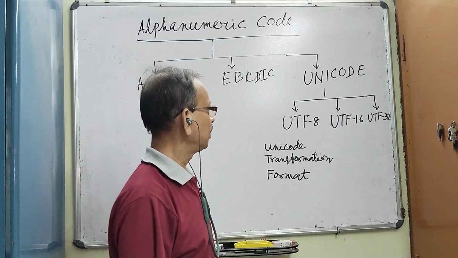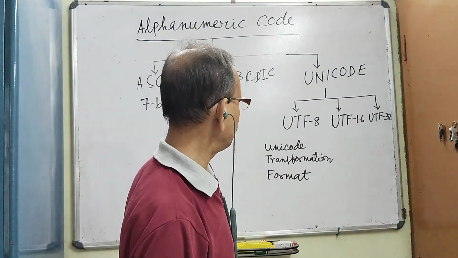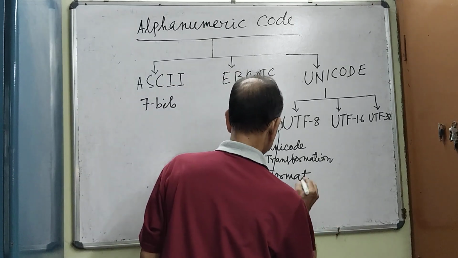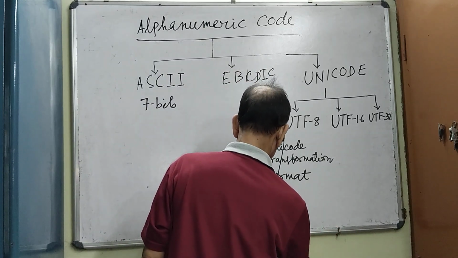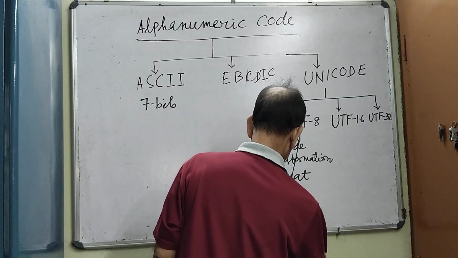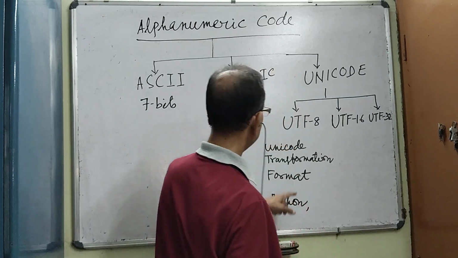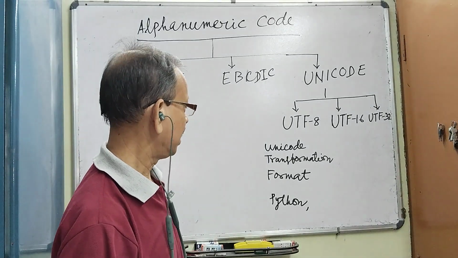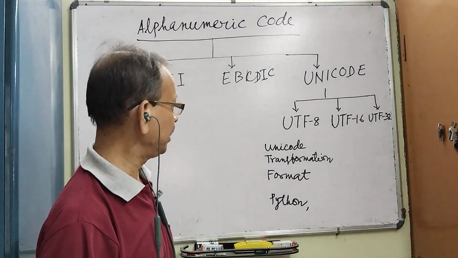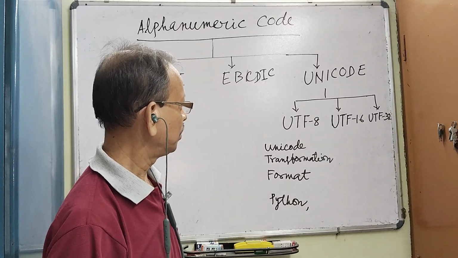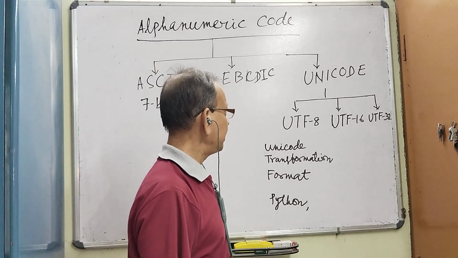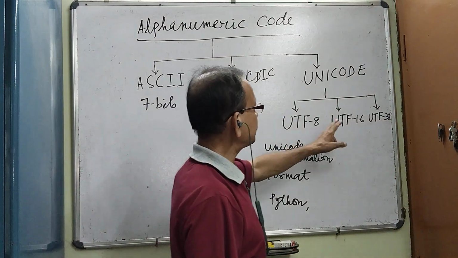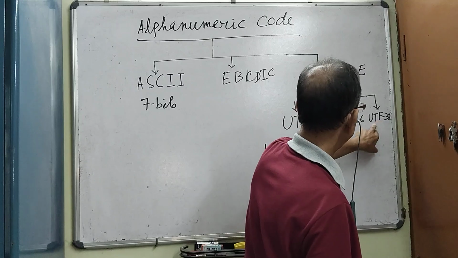UTF-8, and in UTF-8 all computer programming languages, as for Python, use this UTF-8 code. Also Java uses UTF-8 code. And approximately these are the latest, UTF-32.